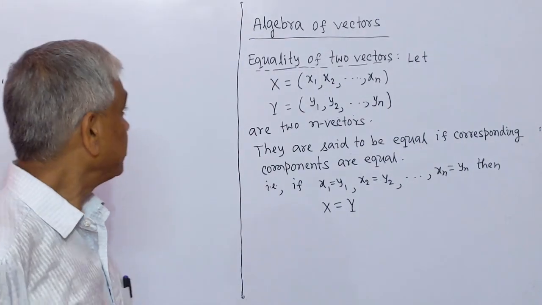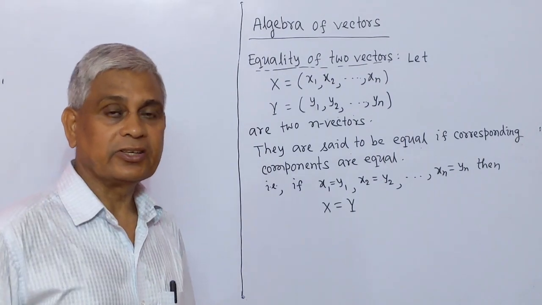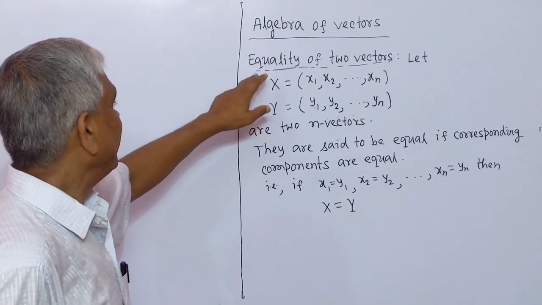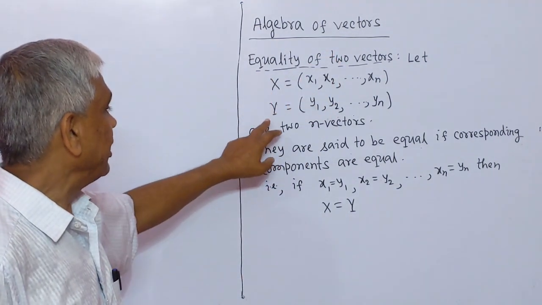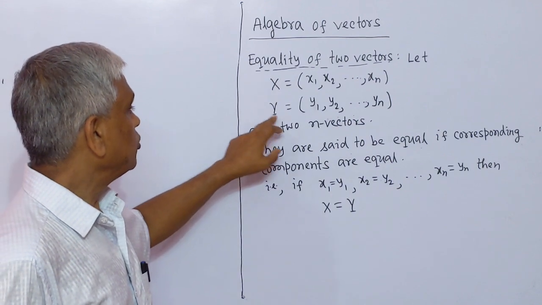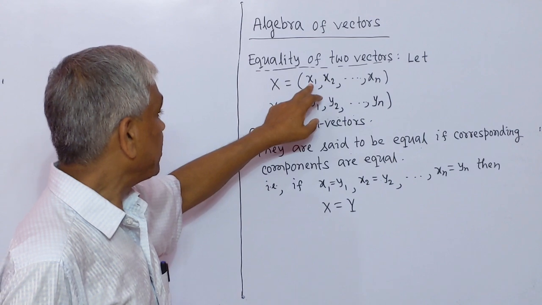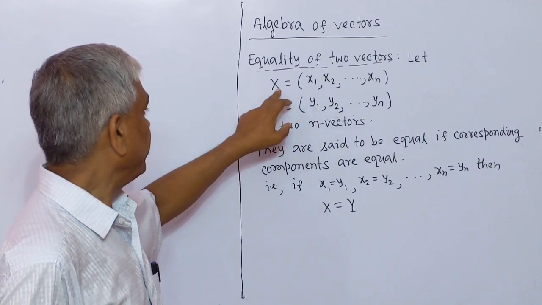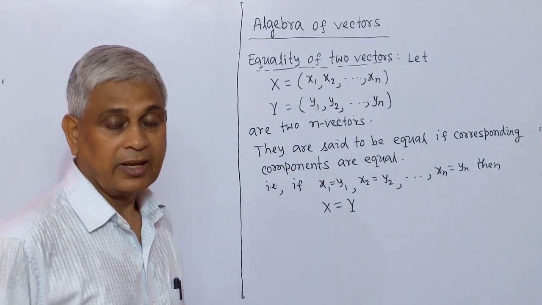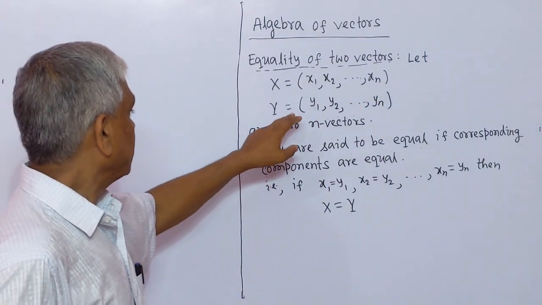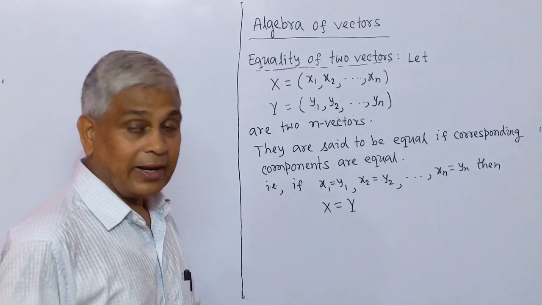Now we discuss the algebra of vectors. In the algebra of vectors, firstly we define equality of two vectors. Let capital X and capital Y be two n vectors. N vectors means the number of components of vector capital X is n, x1, x2, xn, and components of Y are y1, y2, dot dot dot yn.